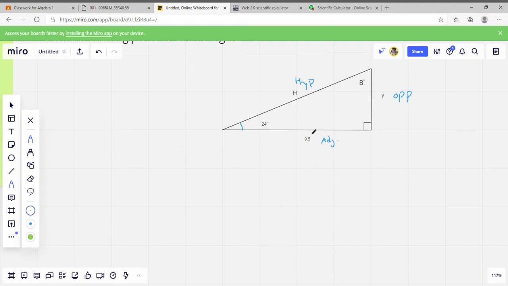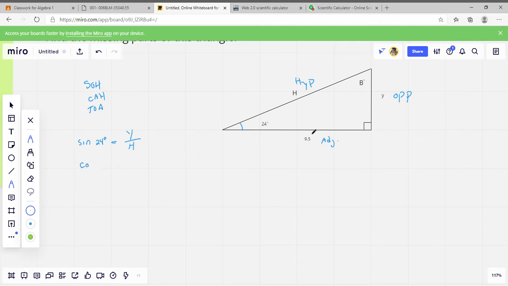Alright, so if we remember SOHCAHTOA, that means our sine of 24 degrees is going to be equal to our opposite over our hypotenuse. Our opposite is y, and our hypotenuse is h. We can't really solve that because we need to have one variable, not two.